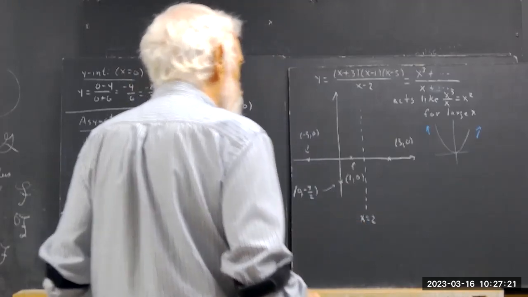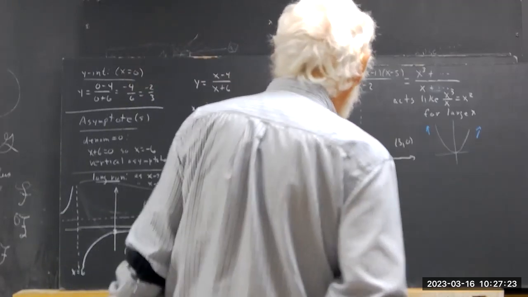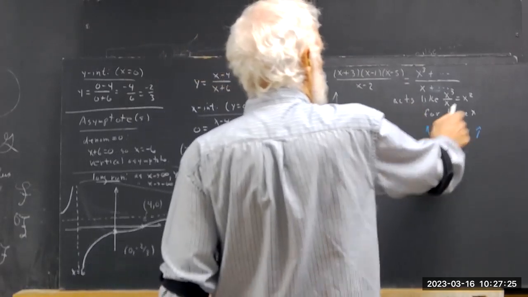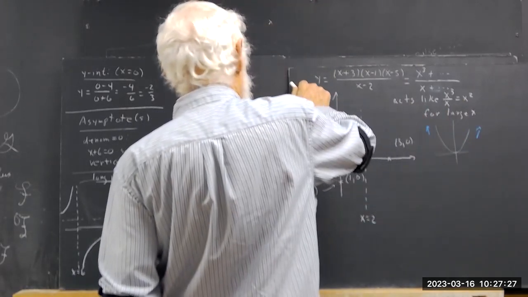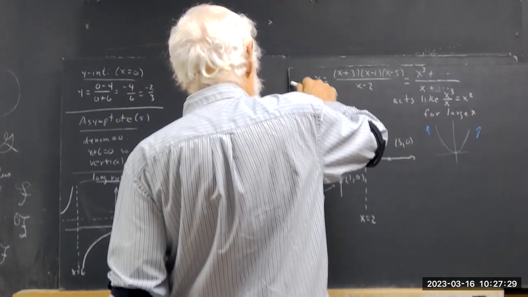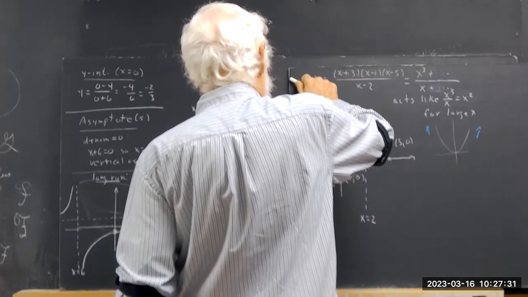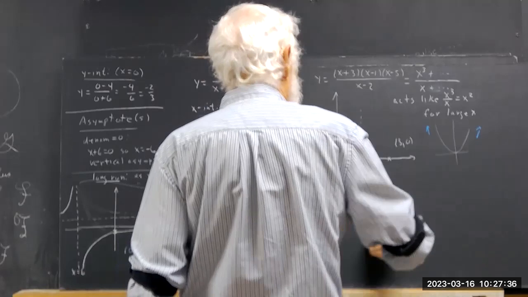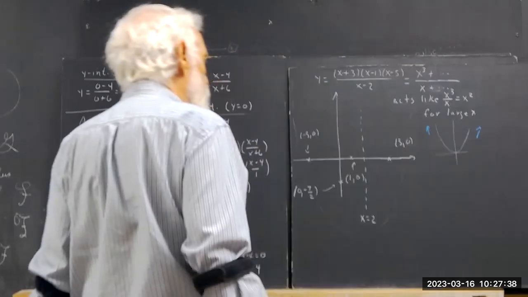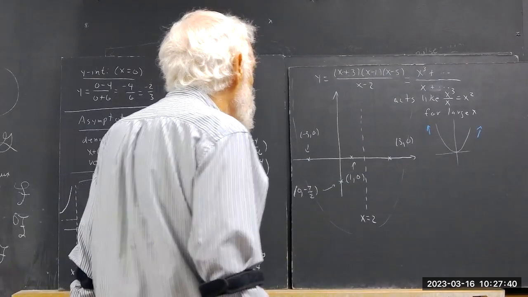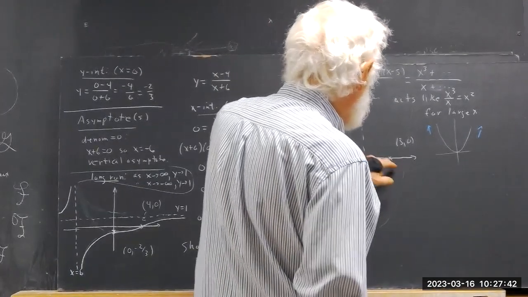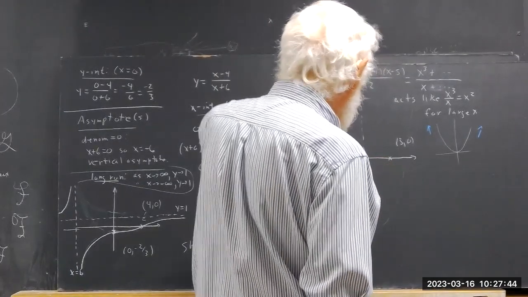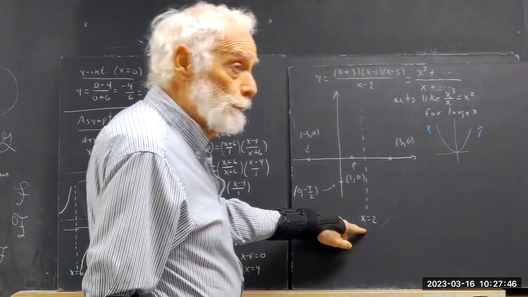So now what happens? Well, if it was just an x squared function, it would have to come down through here, through some point like this, come down here and then up here, okay? Maybe something like this. But it's got these zeros here, so it can't do this. It's got an asymptote here, and that's even more important.